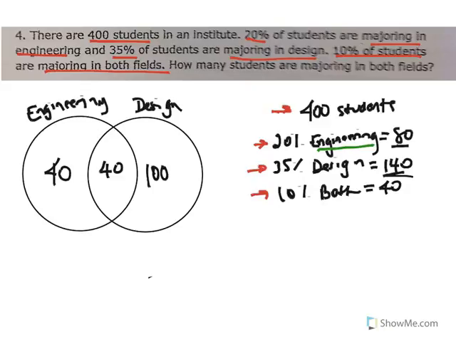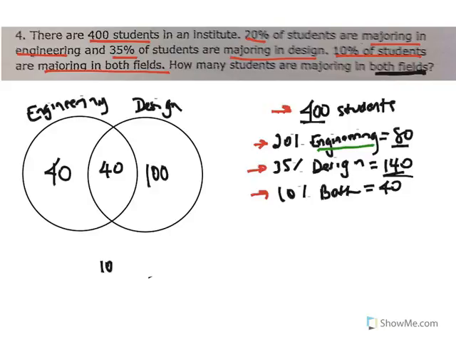So now, the question tells me that I have 400 students, and it's asking me how many students are majoring in both fields. Well, 40 students are majoring in both fields, but I think the question is trying to ask us how many students are in neither field, right?